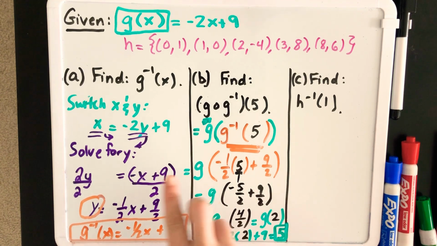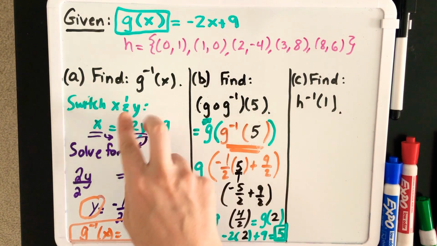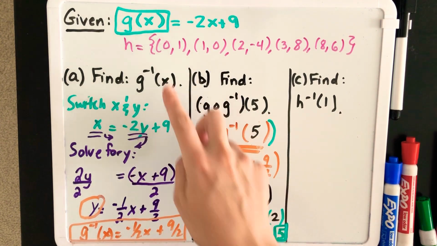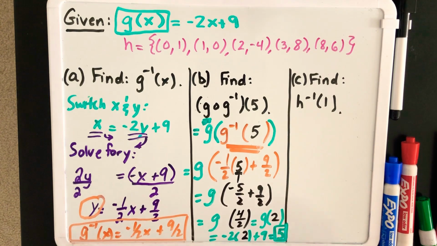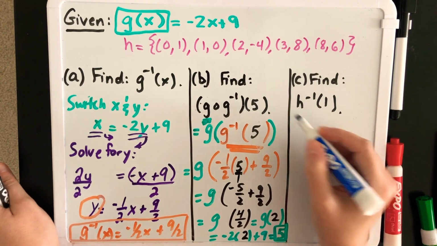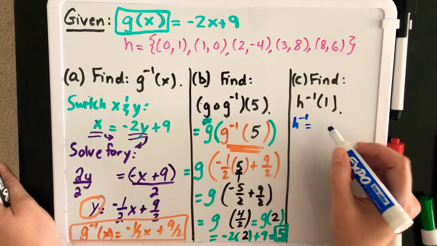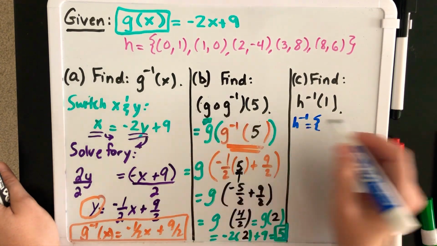Well, keep in mind, just like we found g inverse earlier when we had the original equation, by switching x and y, h inverse in this particular case would have, instead of (0, 1), the points (1, 0), wouldn't it?